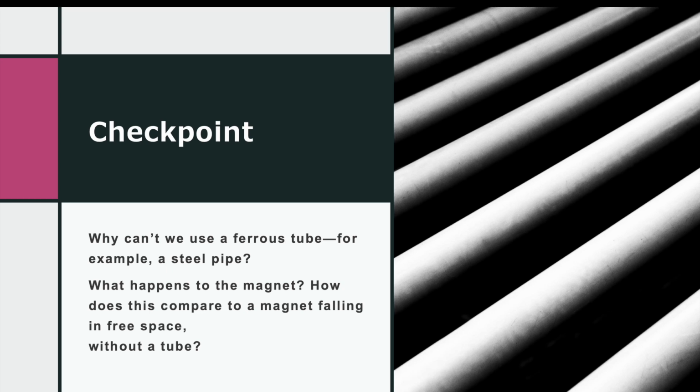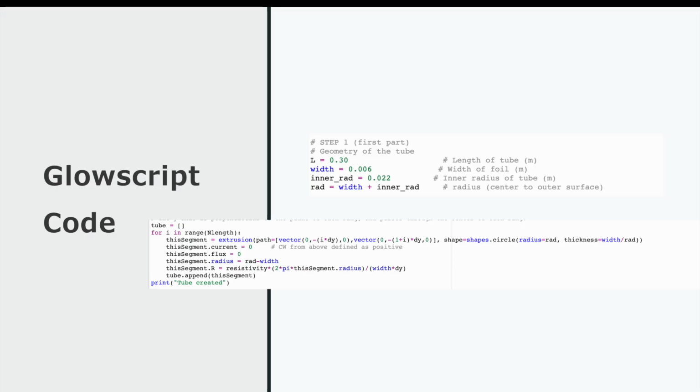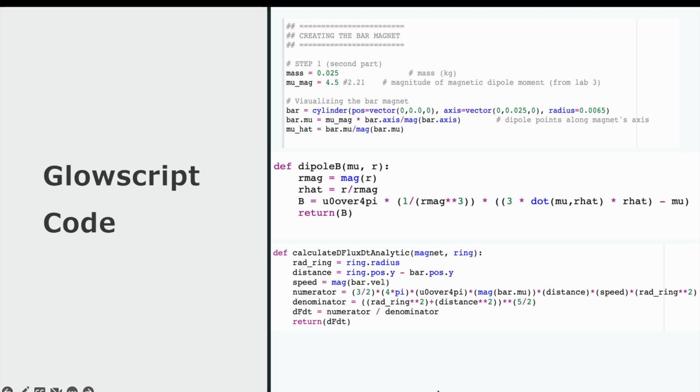For our GlowScript code, first we initialize some variables and important parameters from our aluminum foil roll. Then we create the bar magnet in GlowScript and create the aluminum foil roll. And these are two very important equations that deal with calculating the magnetic field from the dipole and also the change in magnetic flux.